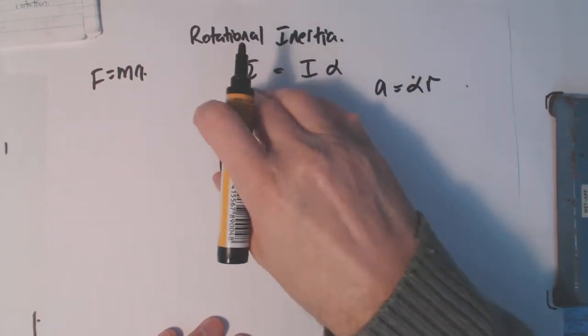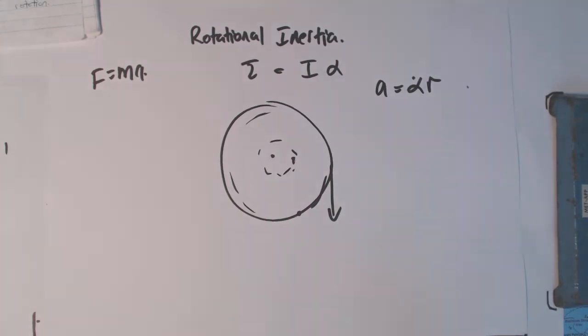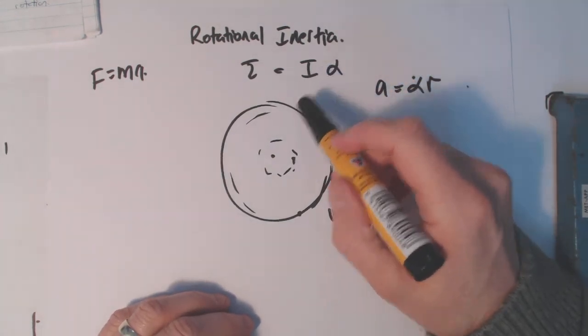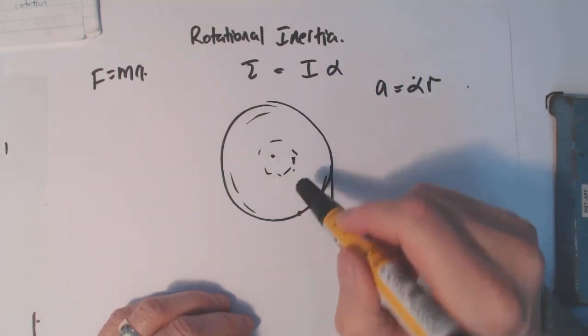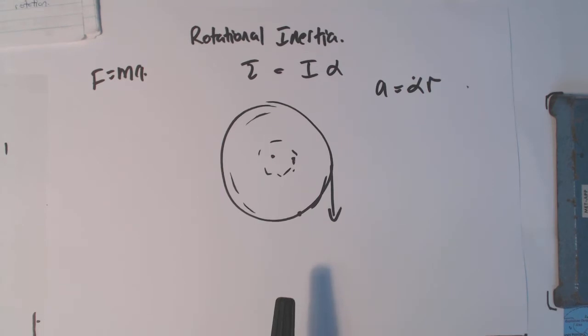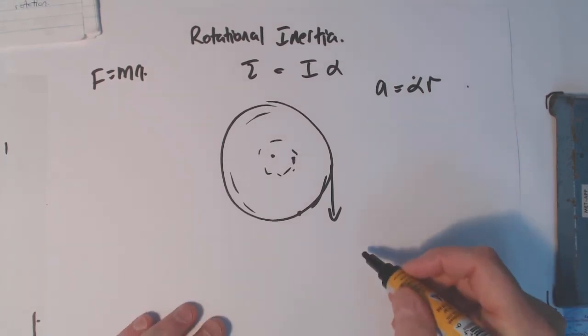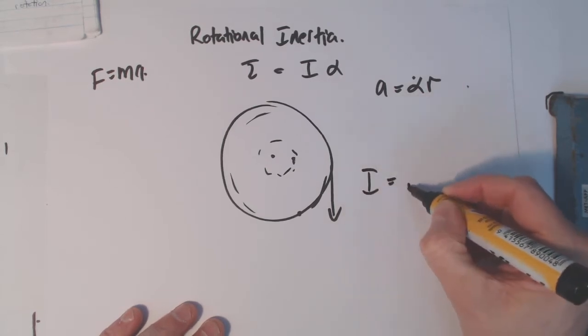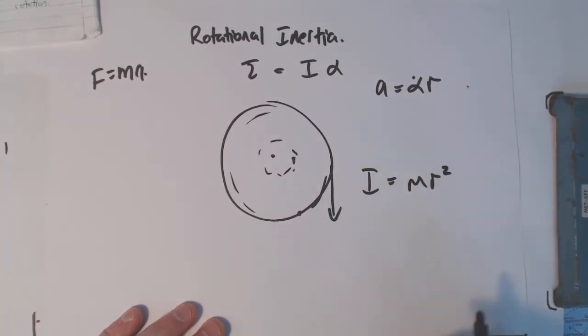So you can imagine the torque and the amount of overall angular acceleration is very much going to be dependent on the radii here, not just the mass, but the radii. So you actually end up with I equaling mr squared.